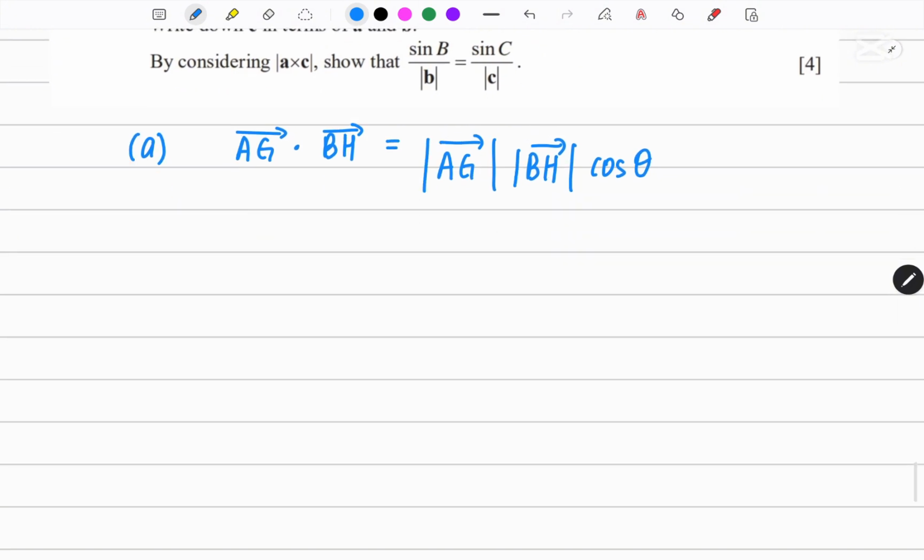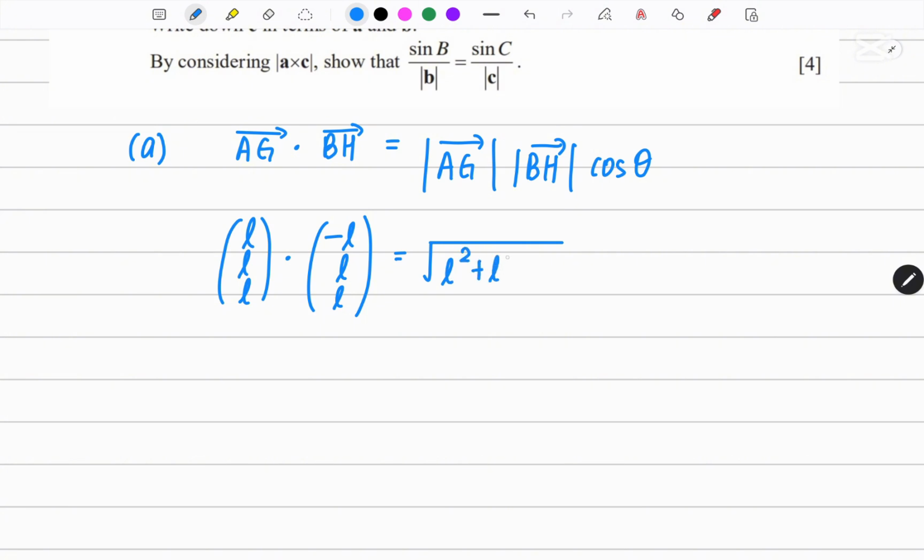On the left hand side, I will be doing a dot product, so it will be L, L, L dot with negative L, L, L. Then when we take the modulus of the vectors, we are essentially finding the magnitude, so it will be Pythagoras theorem. So it will be the square root of L square plus L square plus L square, followed by the square root of negative L square plus L square plus L square, and then cosine theta.